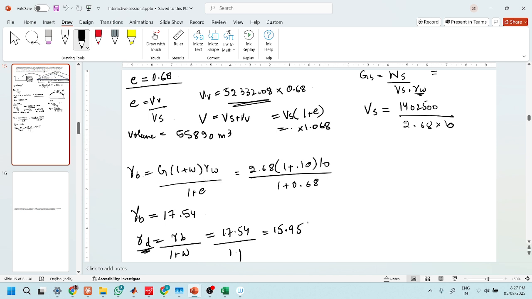That is the dry density. And the dry density is equal to weight of solids over total volume.